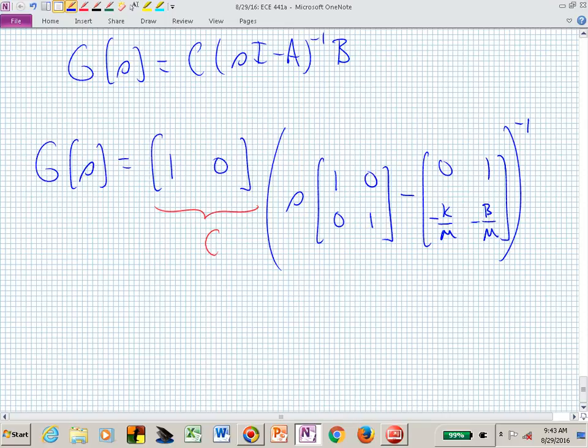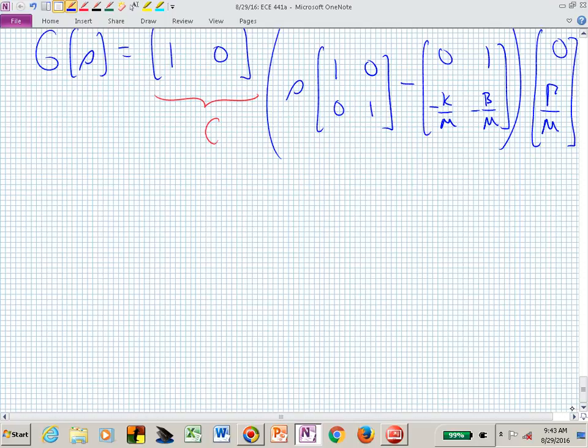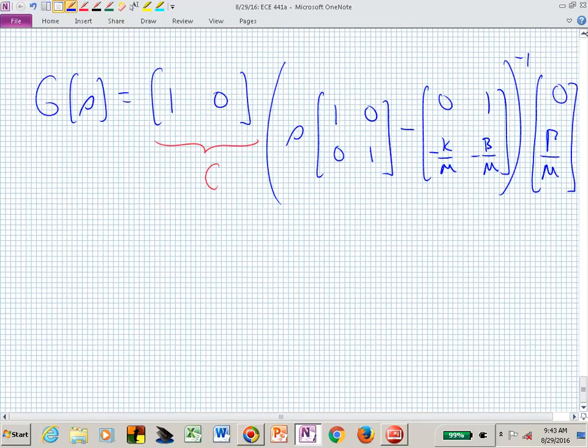So now we have a symbolic matrix inverse to perform. And then B was [0; gamma over M]. It was a 2 by 1 matrix. On the exam, if I give you an A matrix that's 6 by 6, you should be able to invert it symbolically.